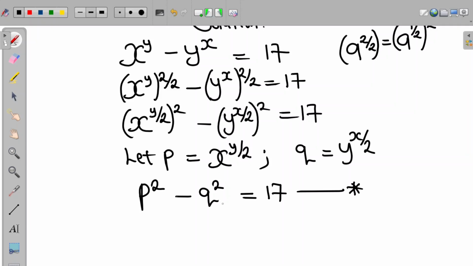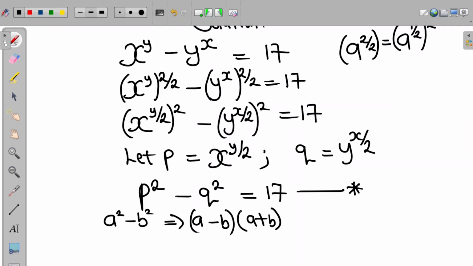Now the left-hand side of our equation is a difference of two squares. For a difference of two squares, if a squared minus b squared, this can be expressed as a minus b closed up in a bracket, multiplied by a plus b.